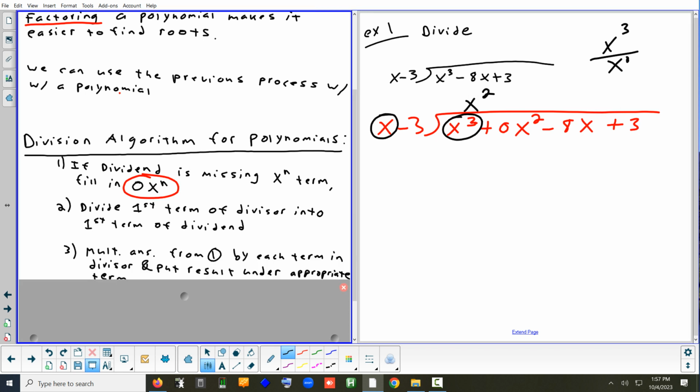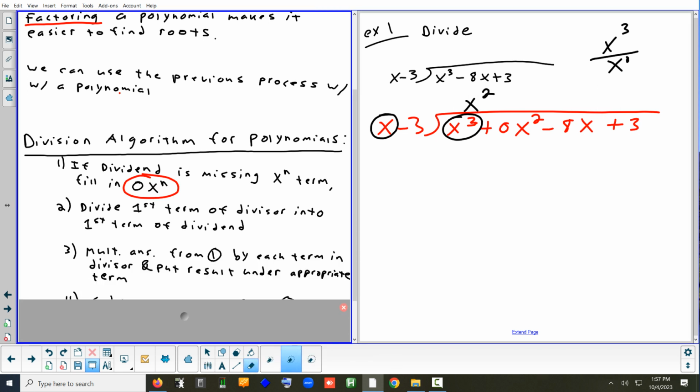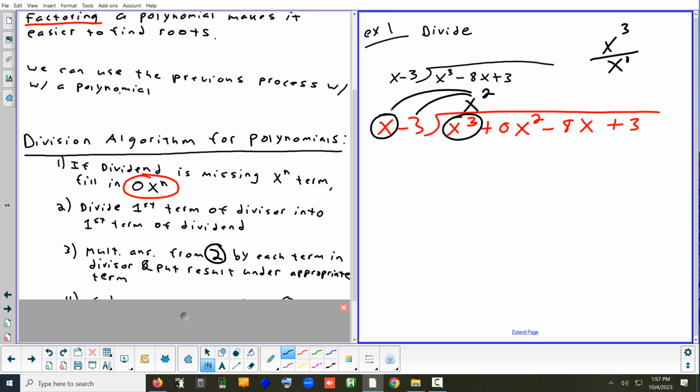Okay, the next step. Multiply the answer that you just got, x squared, to each term in the divisor. So it's like you're going to distribute this back out. And here's where you have to line up like terms. Let's start with x squared times x.